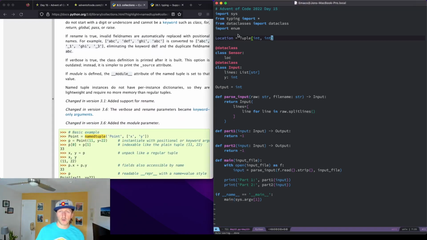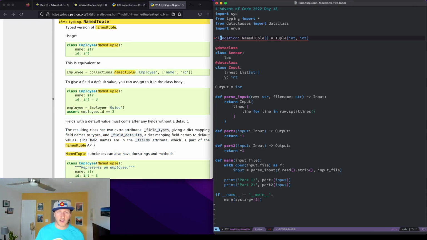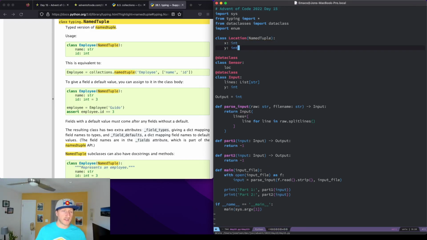Okay, all right, so we're going to make location a named tuple. So you do class Location(NamedTuple), and you do x: int, y: int. Oh, I like this. This is nice. Okay, cool.